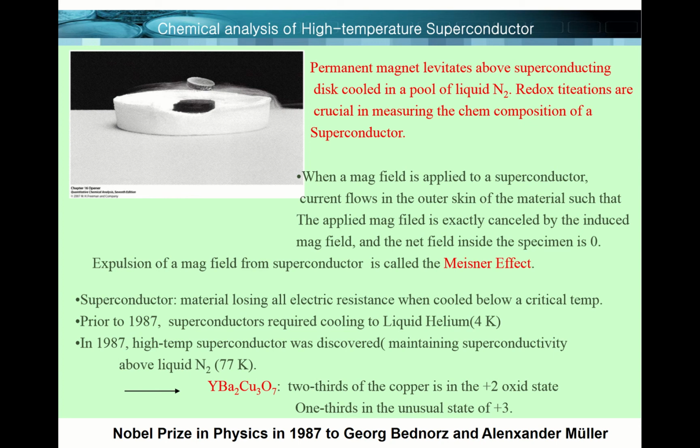there was a breakthrough in 1986. Two physicists at the IBM research lab in Zurich, Switzerland, Georg Bednorz and Alexander Müller, found the same superconductivity in a metal oxide, like this one: yttrium barium copper oxide.